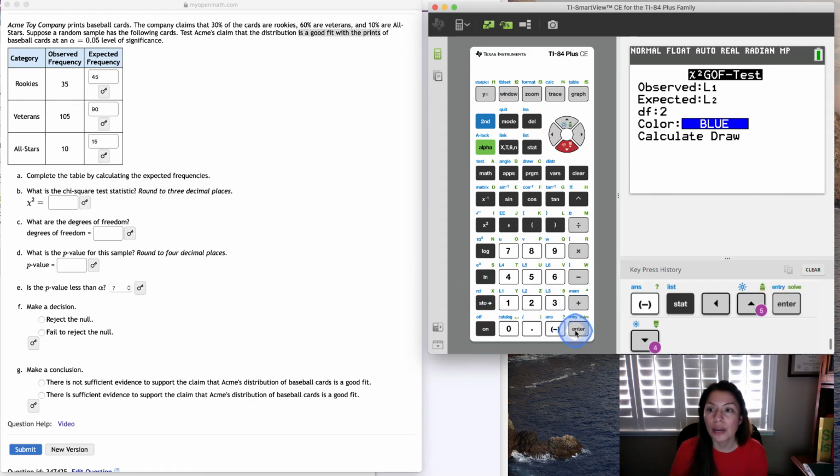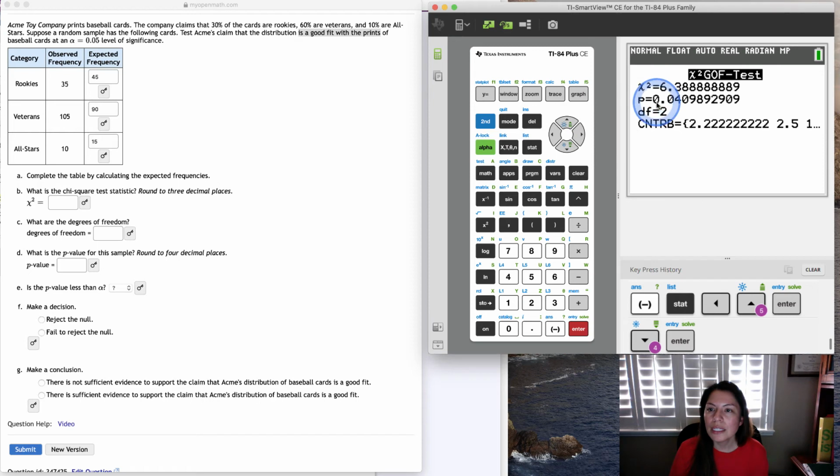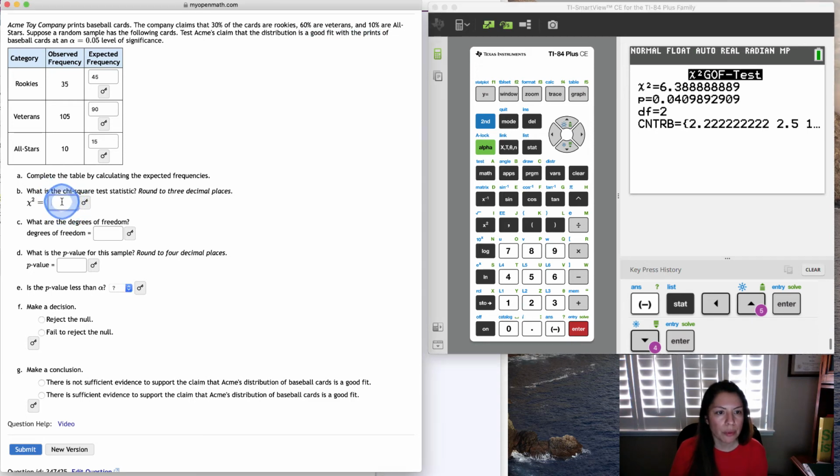Okay, go ahead and hit calculate. So we can see here's the chi-square that it wants us to round to 3 decimal places: 6.389. Our degrees of freedom, we already said, was the number of categories minus 1, which is 2.